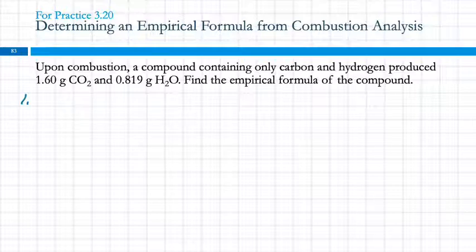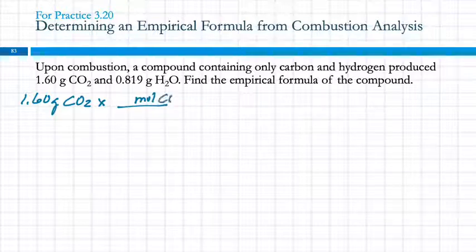So I've got 1.60 grams of CO2. I need to find out how many moles of carbon I've got. Well, I can take grams of carbon dioxide and I can convert that to moles of carbon dioxide using the molar mass of carbon dioxide.